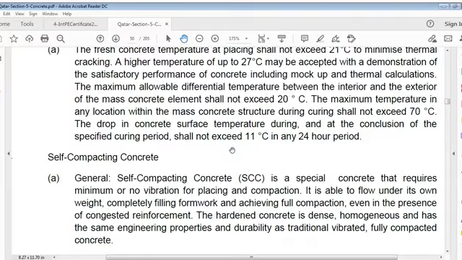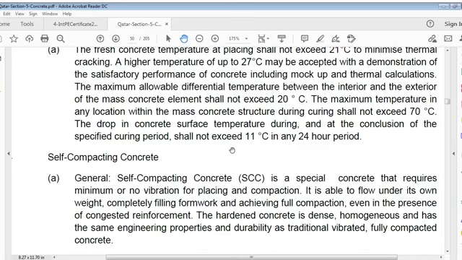Drop in concrete surface temperature. Drop in concrete surface temperature during and at conclusion of the specified curing period shall not exceed 11 degrees in any 24-hour period. So there is a variation of 70 degrees to 11 degrees when the curing period ends.